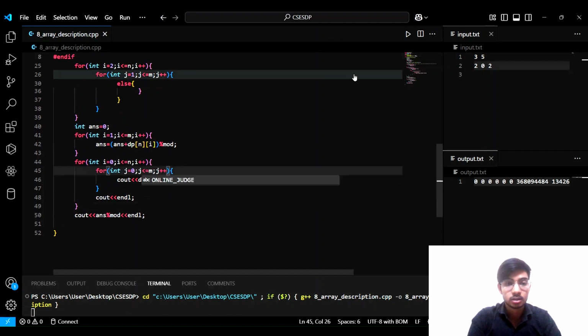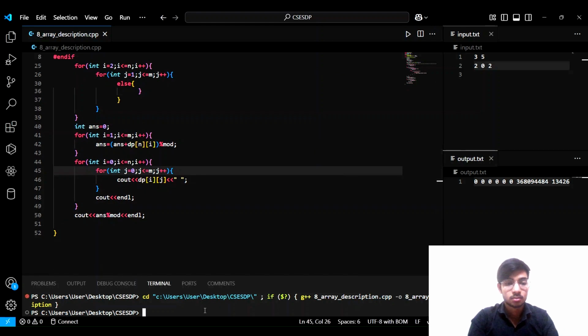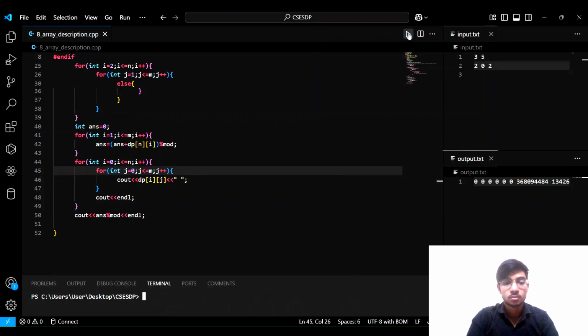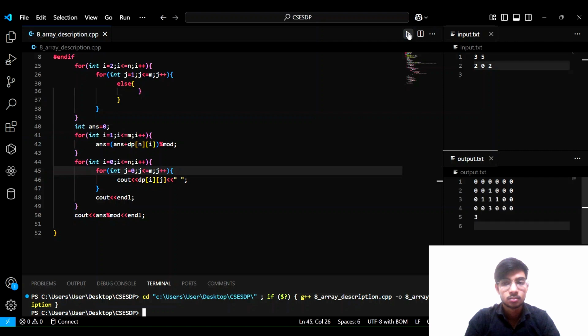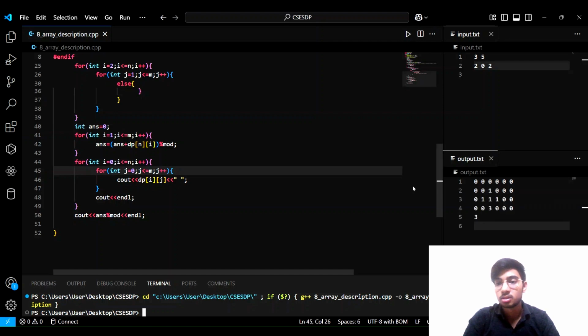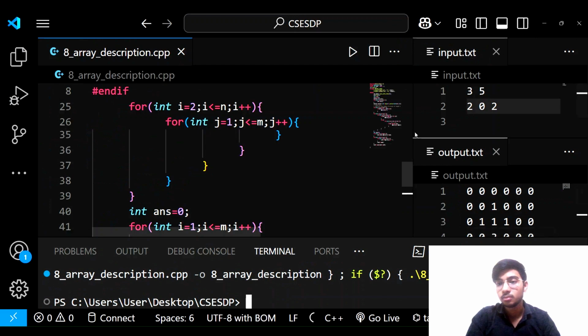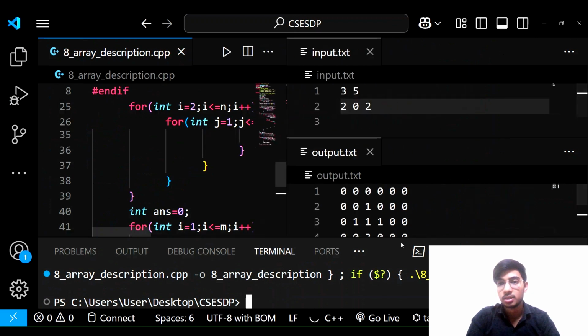We have to take j here. Yes, so this is our dp table.